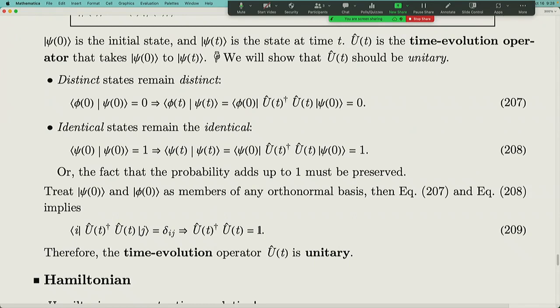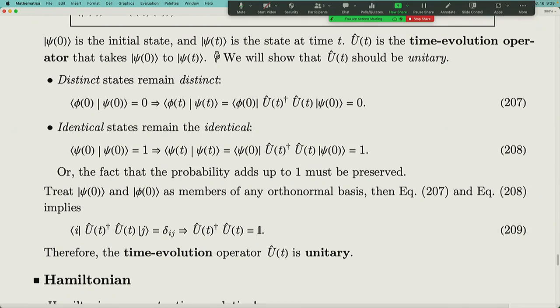But we know delta ij is the Kronecker delta symbol, which means that only i equals j is 1, and when i doesn't equal j it is 0. So there's only one matrix that satisfies this property, that is the identity matrix. So if this matrix element looks like a matrix element of the identity matrix, then that basically means that this operator is the identity operator. So that shows that U dagger U is identity. But U dagger U being identity is nothing but the defining algebraic property of unitary. So that proves that this time evolution operator is unitary.